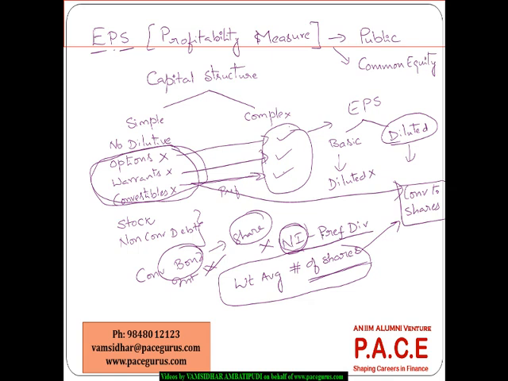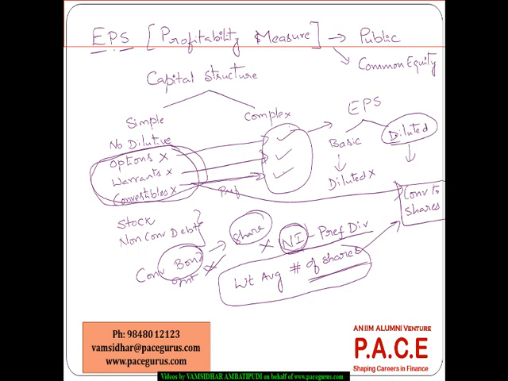At the end, we'll look at the detailed calculations, but the simple logic is that any firm having a complex capital structure has to report both the basic EPS as well as the diluted EPS. Diluted is the new computation of the EPS under the assumption that all these dilutables, the options, the warrants, the convertible debt, the convertible preferred stock, are converted into shares of the company.